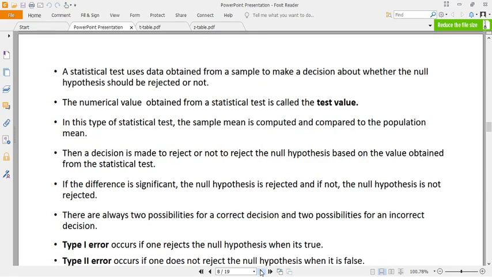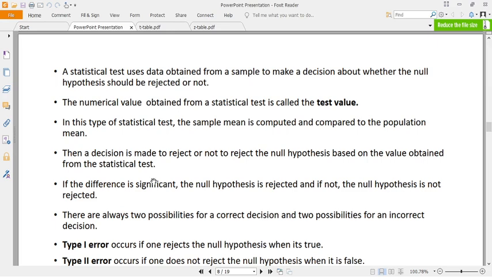So a statistical test uses data obtained from a sample to make a decision about whether the null hypothesis should be rejected or not rejected. The numerical value obtained from a statistical test is what we call the test value. A sample mean is always computed and compared to the population mean.